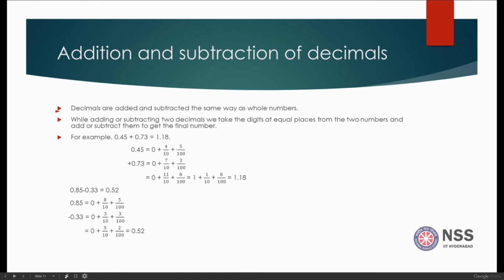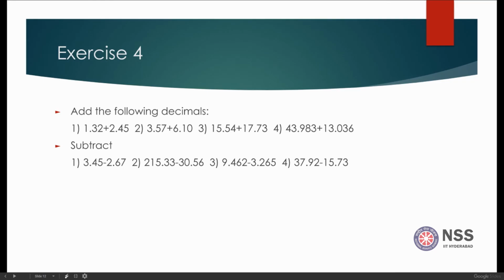Let us see a few examples of additions. The example is 3.57 plus 6.1. 3.57 has 2 digits after the decimal point, whereas 6.1 has only 1 digit.